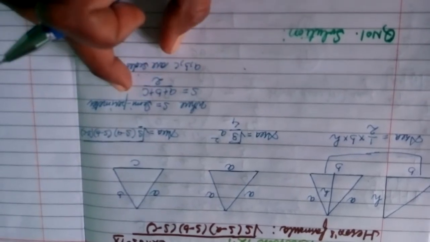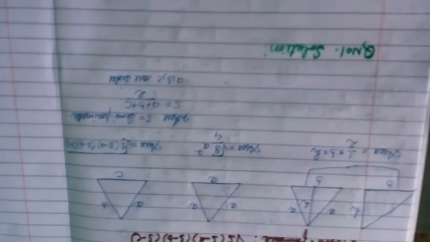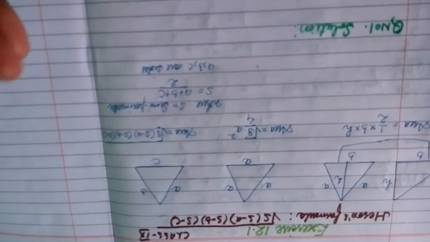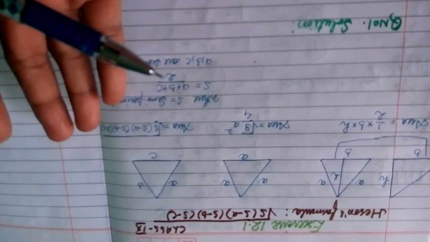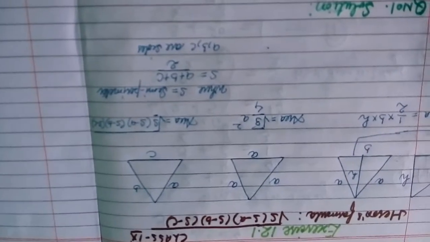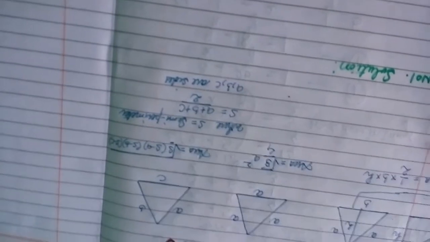So this is a little bit of information about the different ways to find the areas of different triangles. Now let us solve the questions. As we go on solving the questions, this concept will be more clear to you.